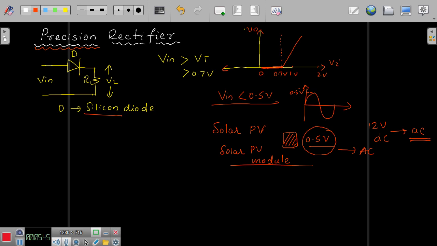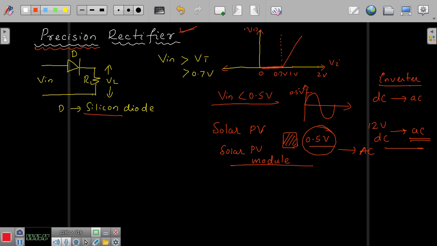Please note, I am just telling the inverse function of the rectifier. I am not talking about the rectifier here, because I have to convert DC to AC. This will be an inverter. Anyway, an inverter is also a similar operation to that of a rectifier, only the nature of the outputs changes, right?